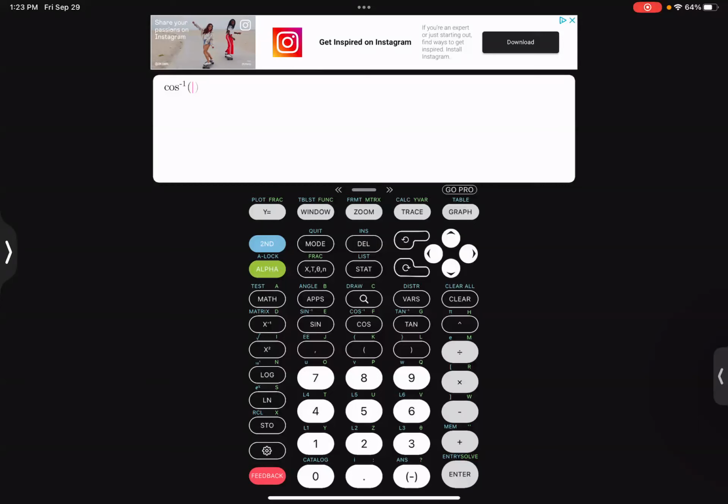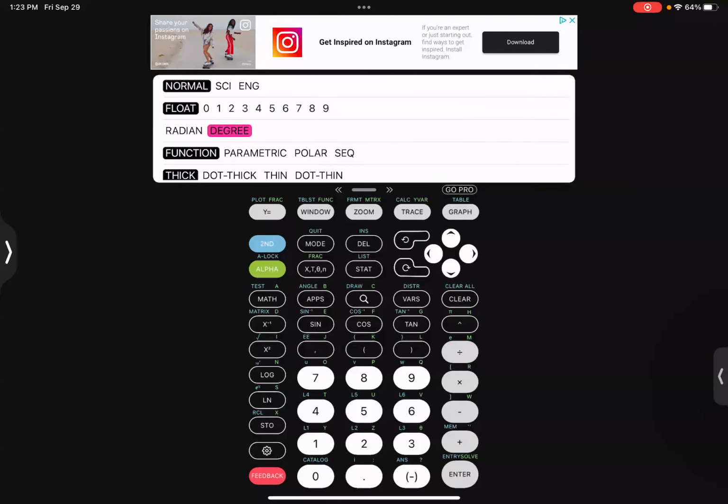This is the inverse of cosine, or arc cosine. The number I need to input is negative 0.13348122, close the parentheses, hit enter. So I have this angle, but remember to check your mode. Is this degree mode or radian mode?